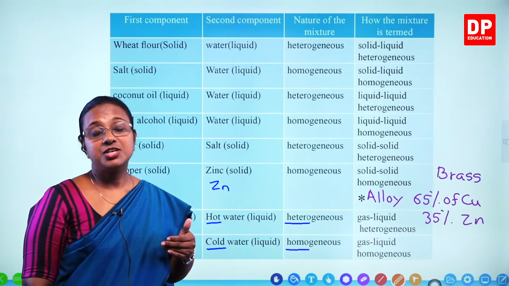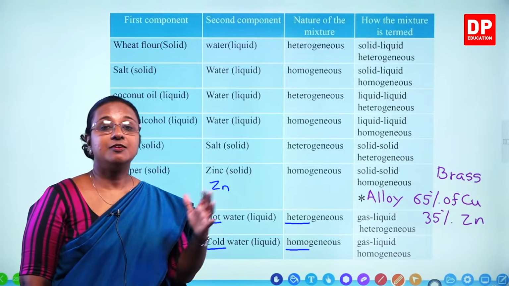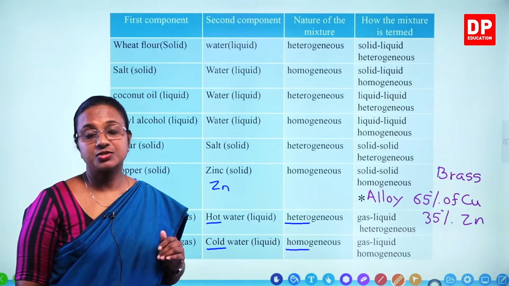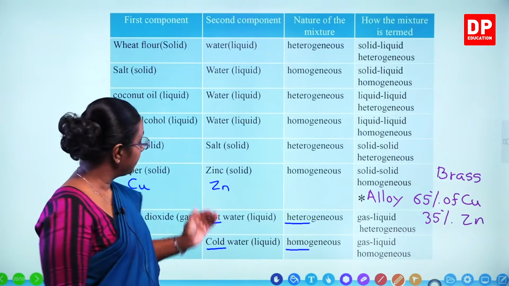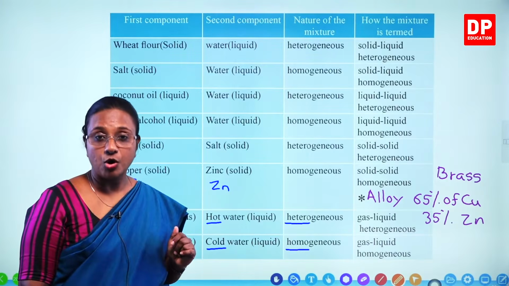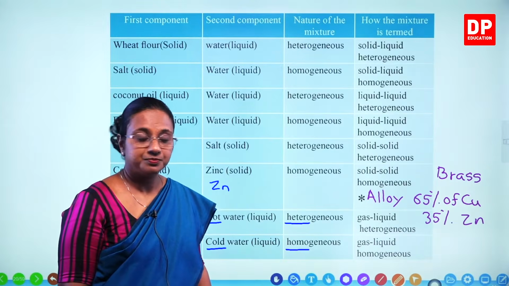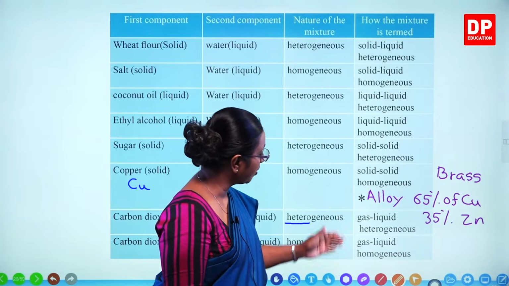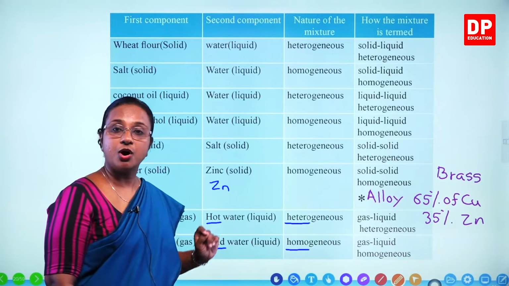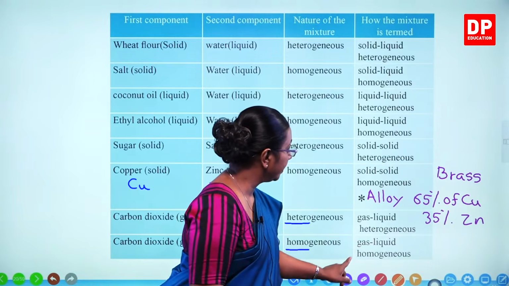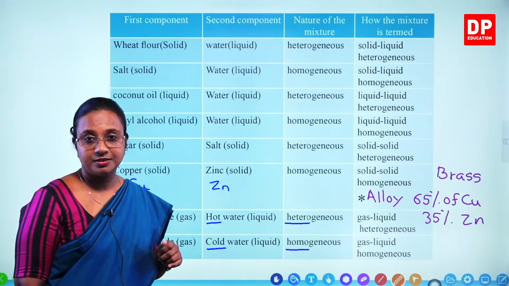But when the temperature is less, if it is cold water, then you cannot differentiate the water from carbon dioxide gas, or you cannot identify the carbon dioxide gas dissolved in water. Therefore, it is a homogeneous mixture. So, the term is gas-liquid heterogeneous mixture if it is hot water, and gas-liquid homogeneous mixture if it is cold water.